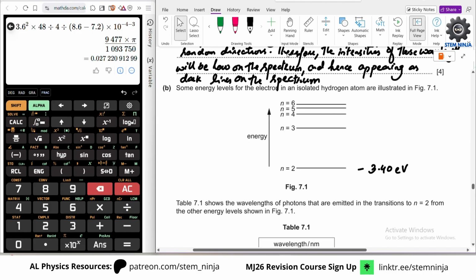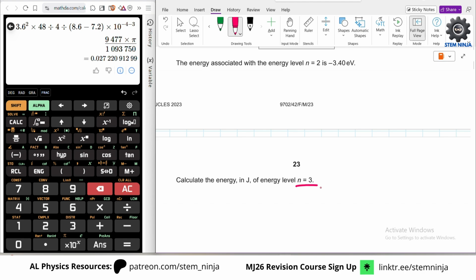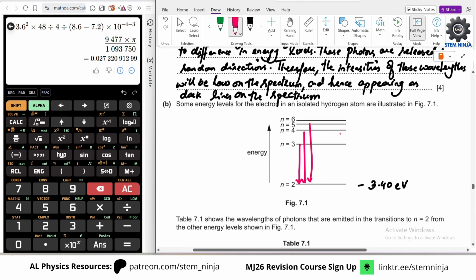Okay, so remember these wavelengths correspond to energies of transitions to n is equal to 2. That means no other transitions, only to n is equal to 2. So if we want to figure out the energy level of n is equal to 3, we need to figure out the wavelength first.